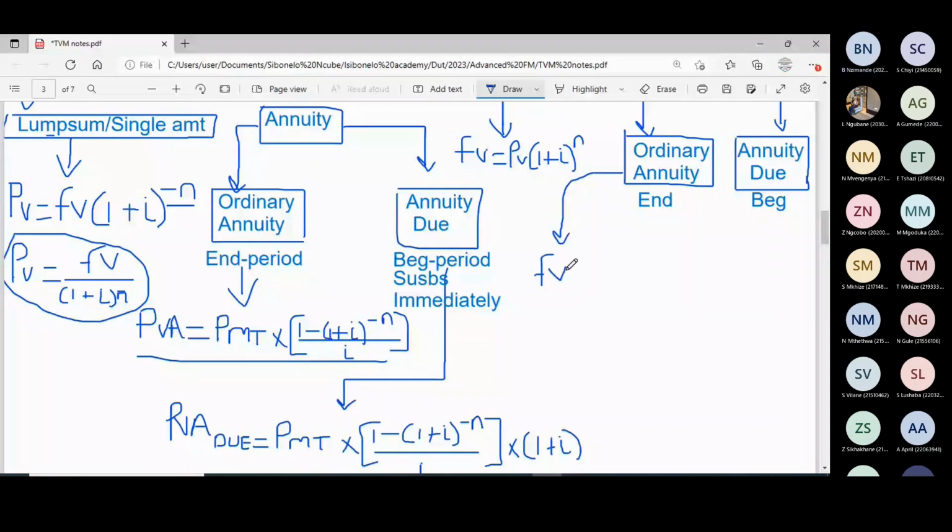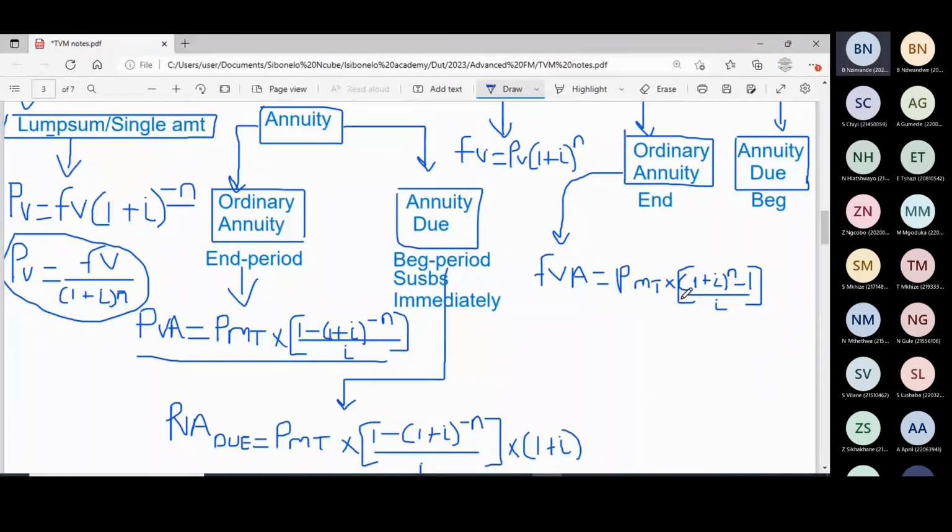So the formula is PMT multiplied by, you open big brackets, and then we're going to have small brackets inside the big brackets: (1 + i) exponent positive n minus 1, all over i. Guys, this is the formula that we use if we deal with an ordinary annuity. If we want to get the future value of an ordinary annuity, this is the formula that we're going to use.